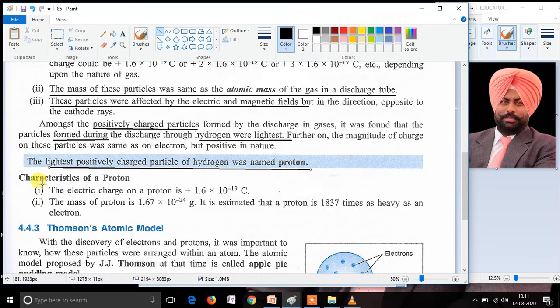The characteristics of protons say that the electric charge on a proton is 1.6 × 10^-19 coulomb, and its mass is equal to the mass of one atom of hydrogen, that is 1.67 × 10^-24 grams, or you can also say that it is 1837 times heavier than the mass of one electron.